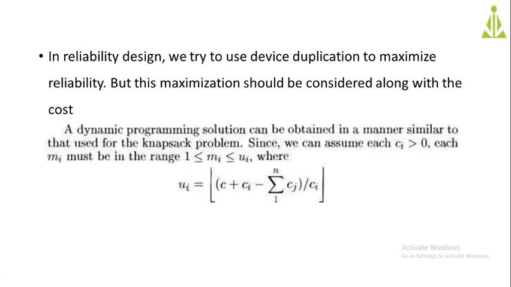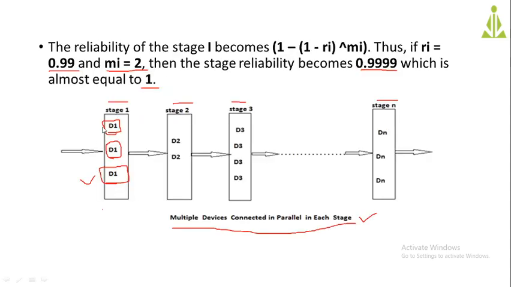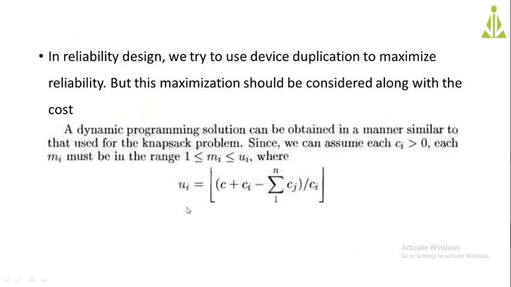Whatever you are doing, if you are increasing the devices here, then your cost will also increase. So whenever you are going for maximization by duplicating devices, you need to consider the cost.